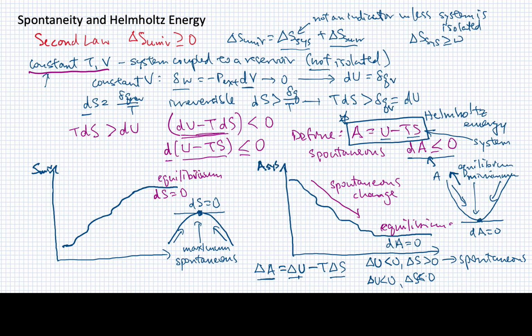Now I'll note that at very low temperatures, the term that predominates is the internal energy. At higher temperatures, the term that predominates is the entropy. So that's another thing that you can look for: what is the temperature of this process? If it's at very low temperature, you want to focus on the internal energy. If it's at a much higher temperature, then you may want to focus on the entropy as a guide for whether or not the process will be spontaneous.